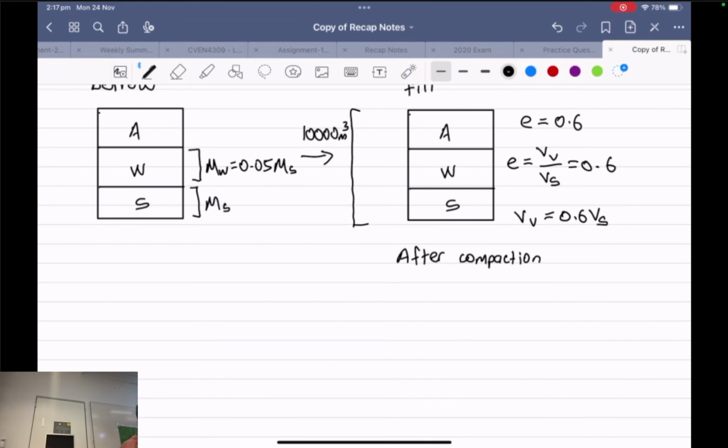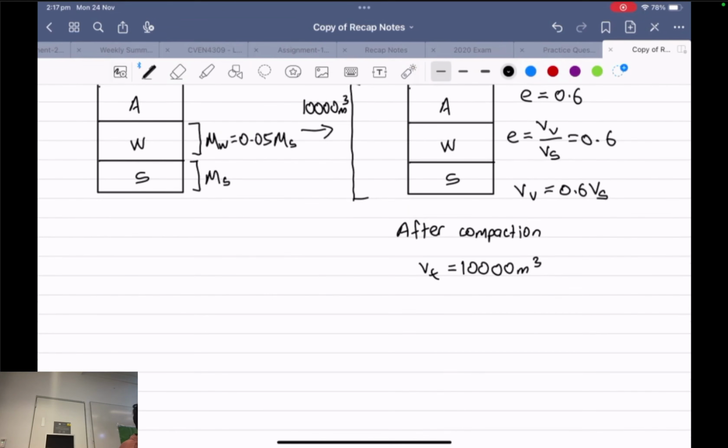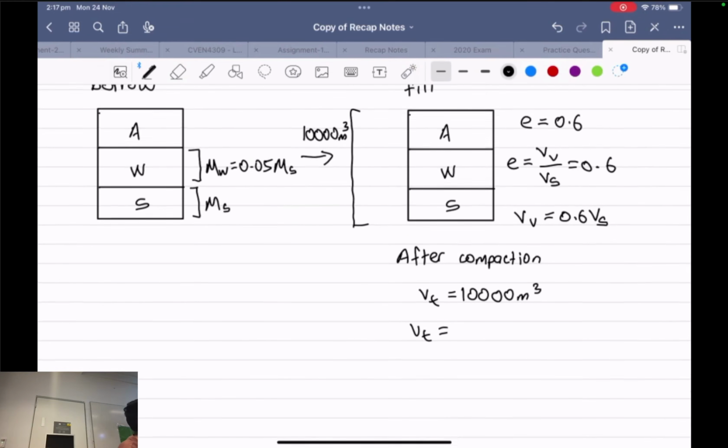After compaction, we know that the total volume is 10,000, right? And total volume is equal to what? What is the total volume comprised of? It's comprised of the volume of the voids and the volume of the solid. So that's VV plus VS. And we already have a relationship relating VV and VS, right?